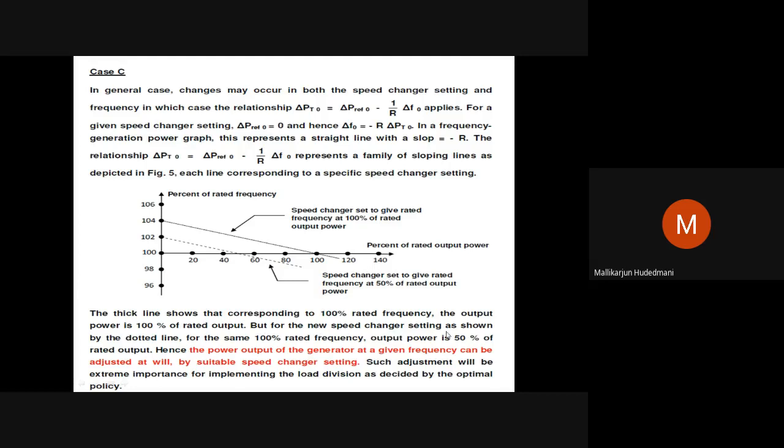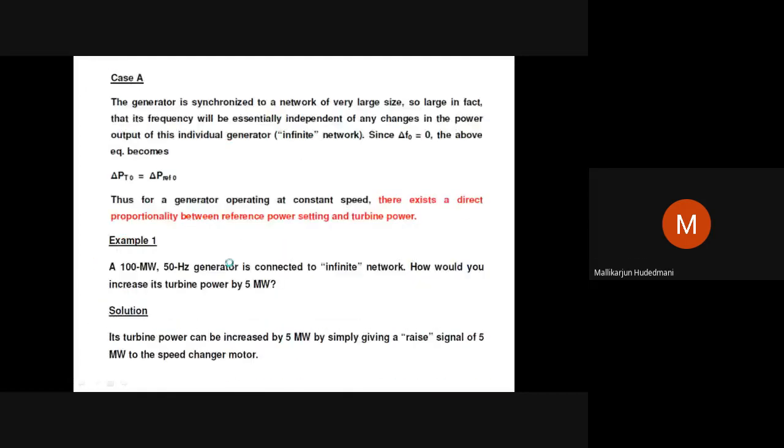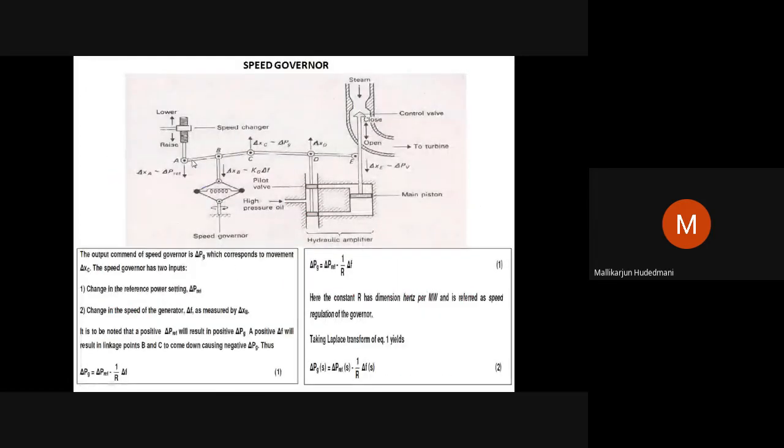But the new speed changer setting is shown by the dotted line, to show the effect of the speed changer, which is nothing but this point I am speaking about. It is set at 100%. The turbine is not in play. 100% means the fullest capacity output you can see from the turbine. If it is 50%, the flow control is such that the output is 50% when the turbine is not in action.